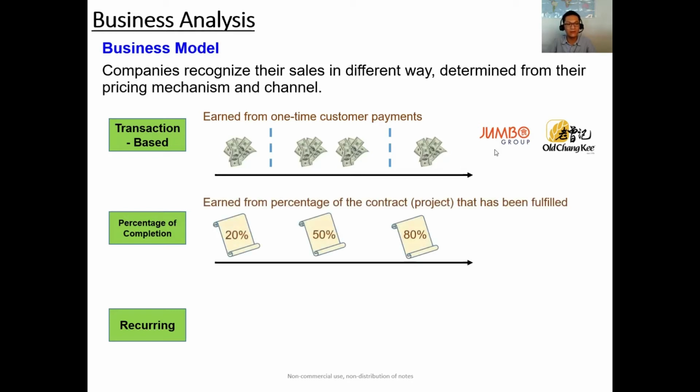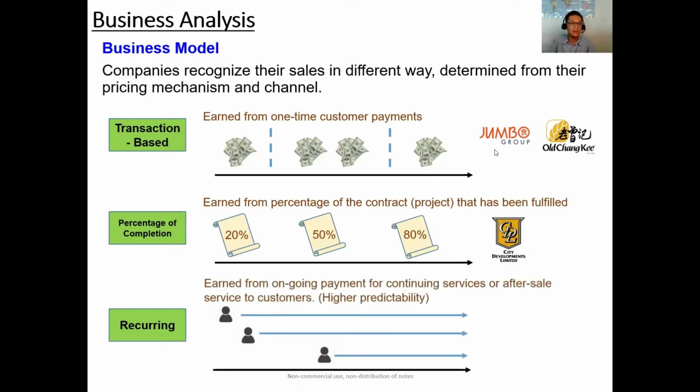And then for companies that earn their revenue from the percentage of contract that has been fulfilled, those companies are usually project-based companies. So for example, a property developer like City Developments Limited.